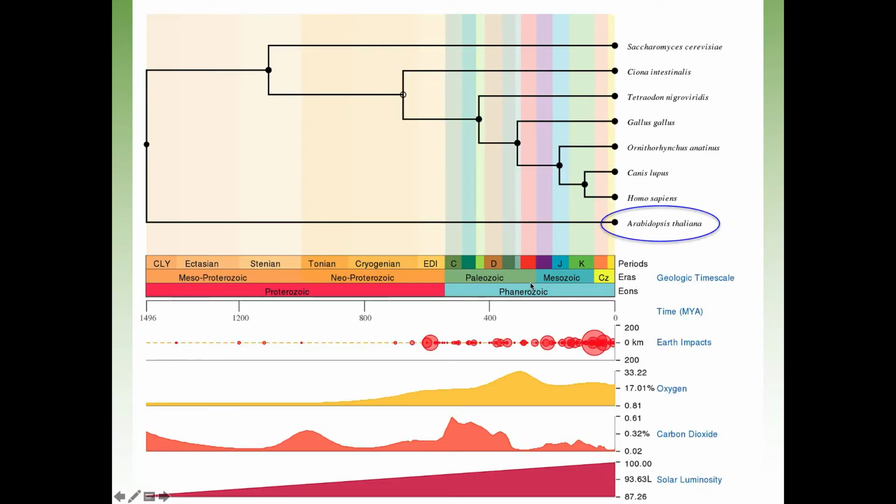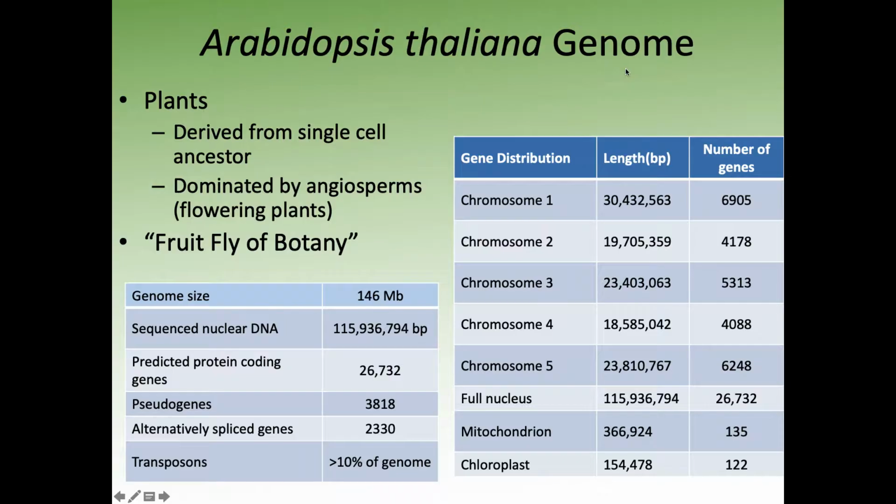So let's take a look at Arabidopsis thaliana first, as plants are definitely a lot different than this group of animal organisms we're going to be looking at later. So Arabidopsis thaliana, this is a plant organism. It's a plant genome. It's basically the fruit fly of botany, right? So this is one of, if not the, principal model species for plants.